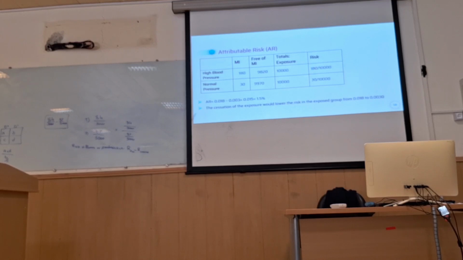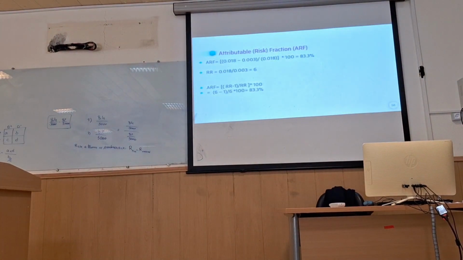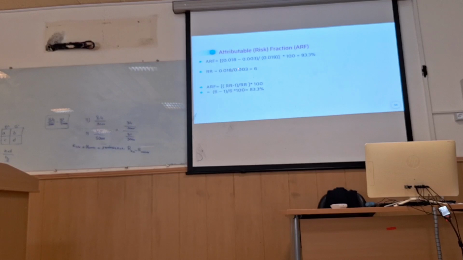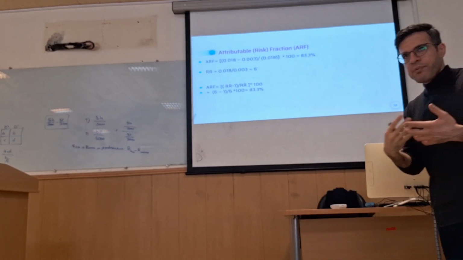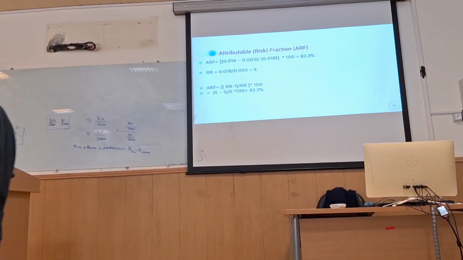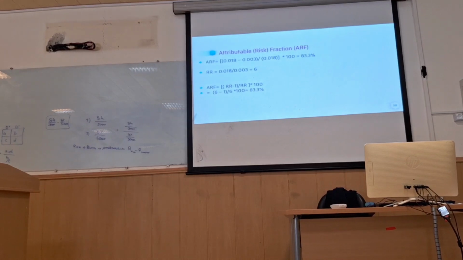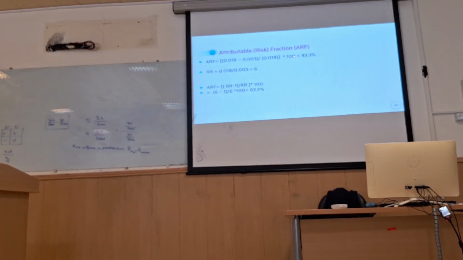Please solve this problem. Risk difference is 0.8, divided by incidence in the exposed group. And usually we report attributable risk fraction as a percent. 83.3.